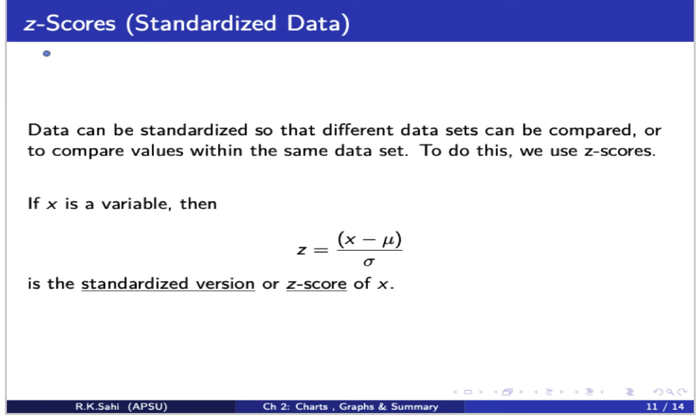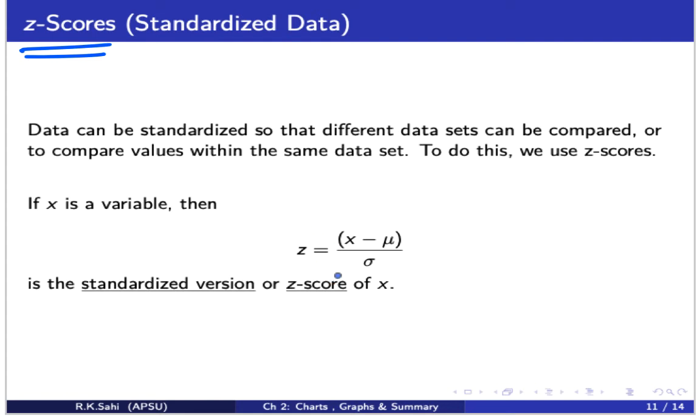Statistics tells us that z-scores are the concept which helps us answer this. So simply remember, when we talk about z-scores, we get different data sets onto the same platform, then compare the values, and that is the right way to do the analysis. So what is the formula for a z-score?